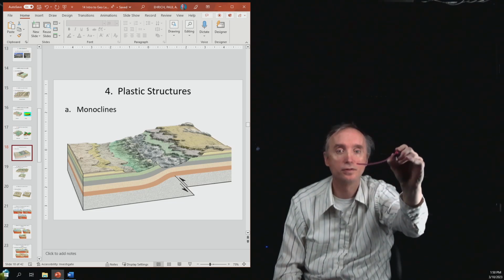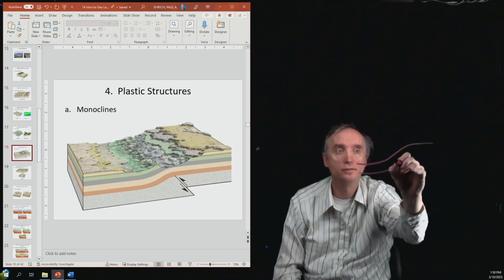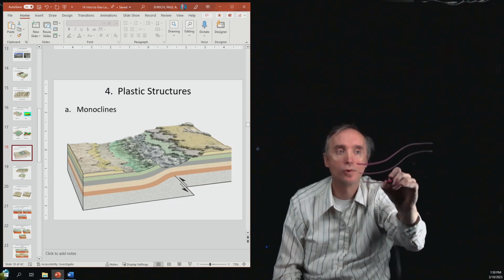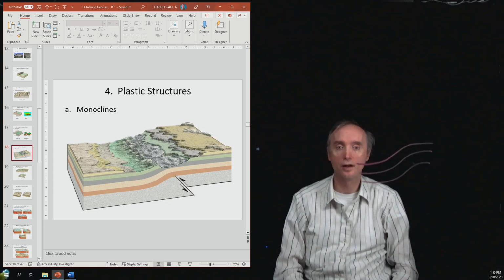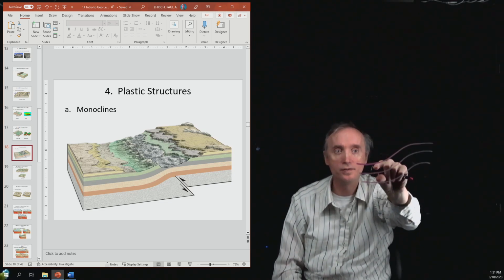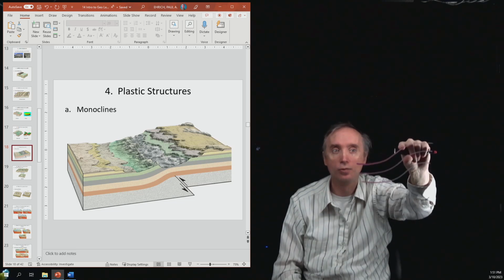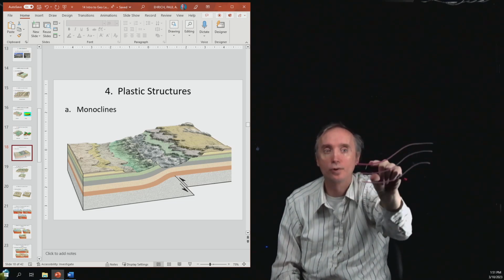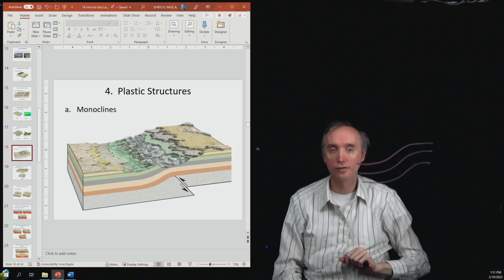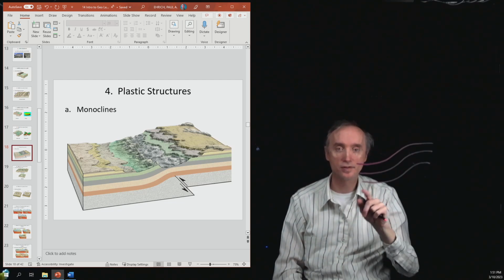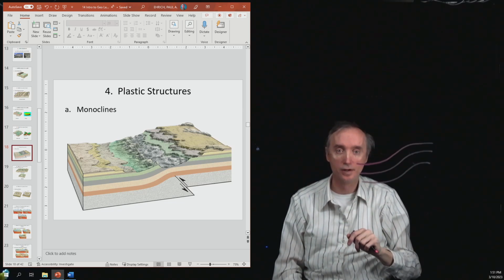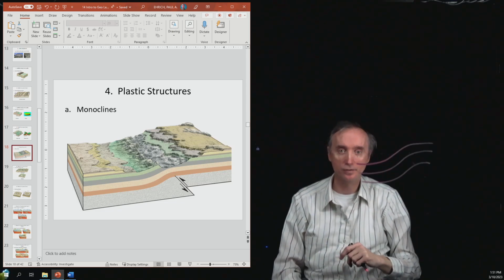The reason why we call it a monocline is only one side of it is going up. When the other side is going up, we're going to have a different word for that kind of structure. So that's what it looks like from the side view.